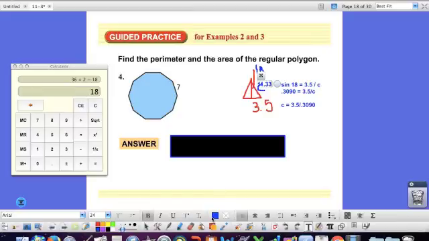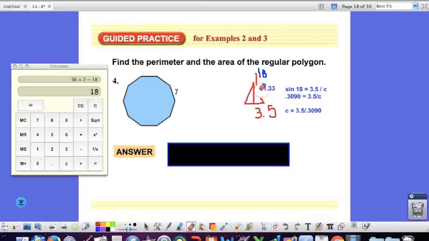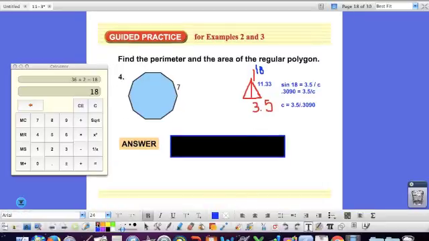But now that I'm looking at this, I realize I didn't even need to find that length. I only needed to find the length of the apothem. But I'm going to do that now. So now I'm going to be finding the side adjacent to the 18-degree angle. Since I'm dealing with adjacent and opposite, that's the tangent. So the tangent of 18 is 3.5 divided by the adjacent.